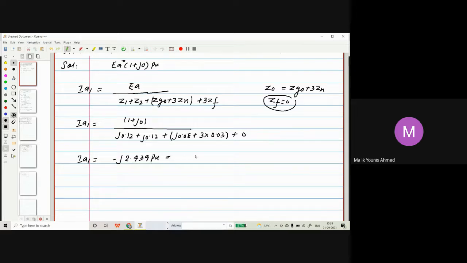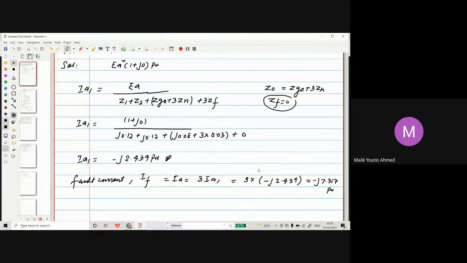And then your fault current IF is equal to IA, which is equal to 3 IA1 in case of a line to ground fault. So that will be 3 multiplied by minus j2.439 in per unit, and that is minus j7.317 per unit.